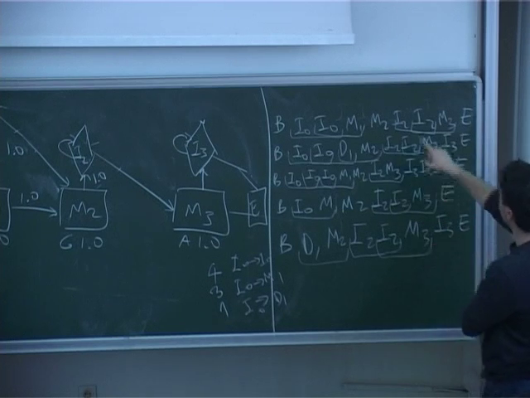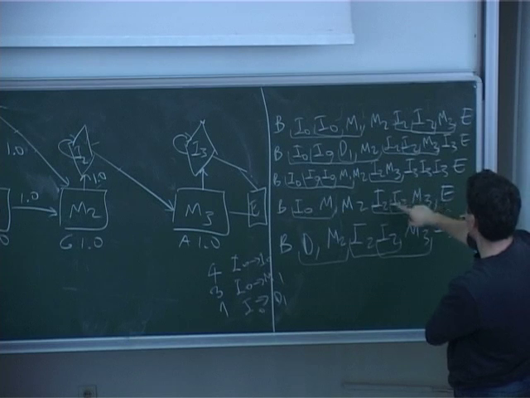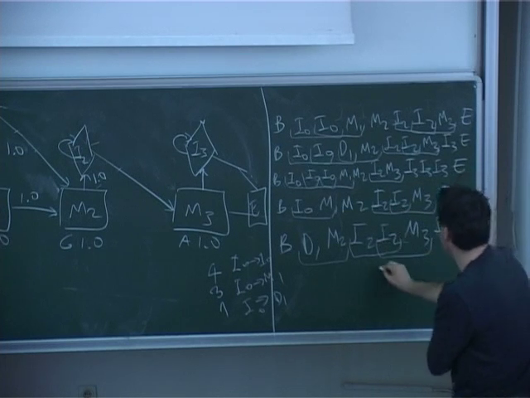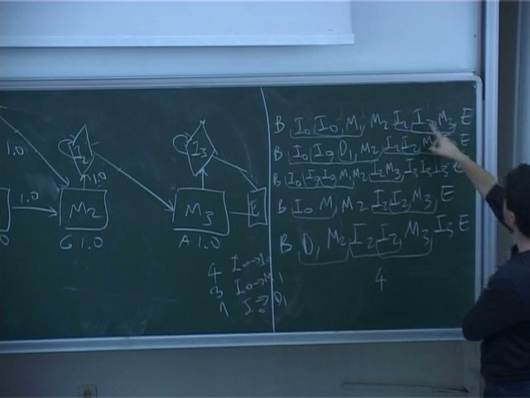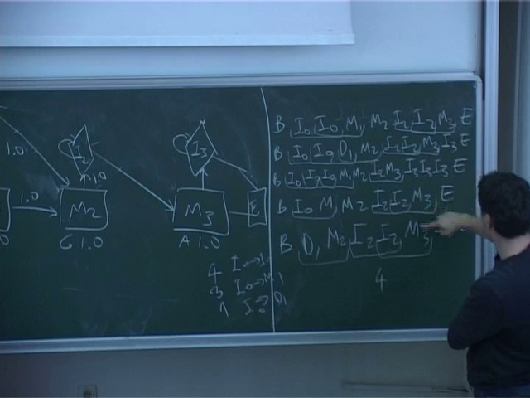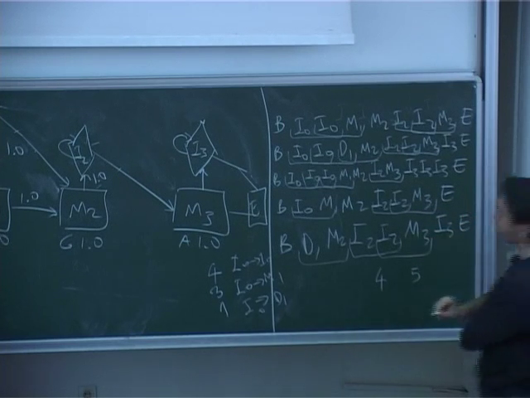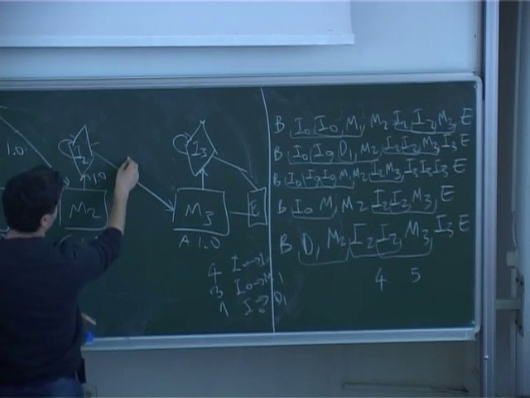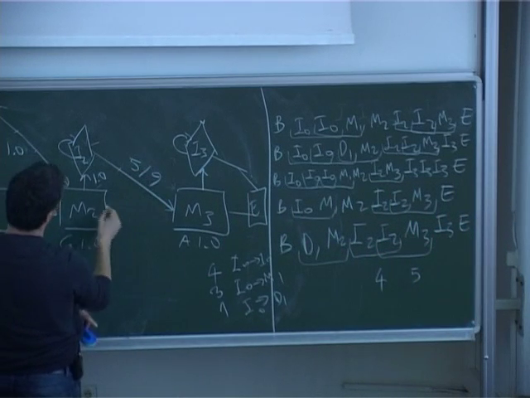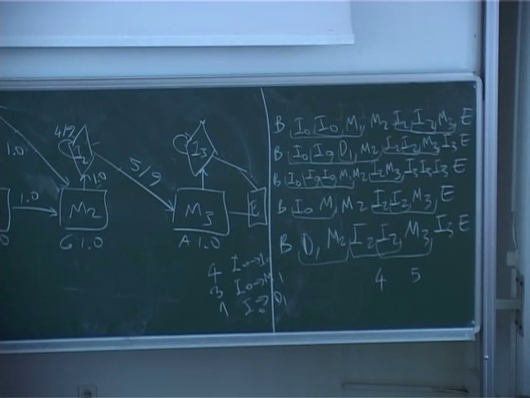Let's count I2, I2 transitions: 1, 2, 3, 4. I2 to M3 transitions: 1, 2, 3, 4, and 5. So this one is going to be 5 over 9, and this one is going to be 4 over 9. The self transition is going to be 4 over 9, the other is going to be 5 over 9. And we come to M3.